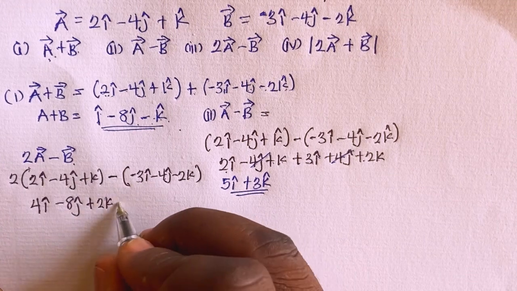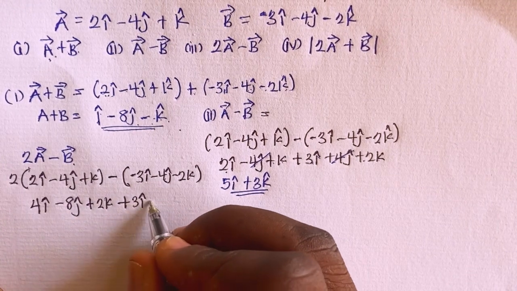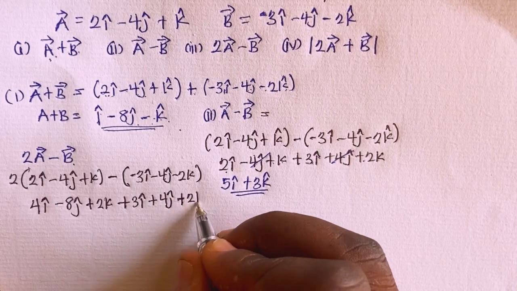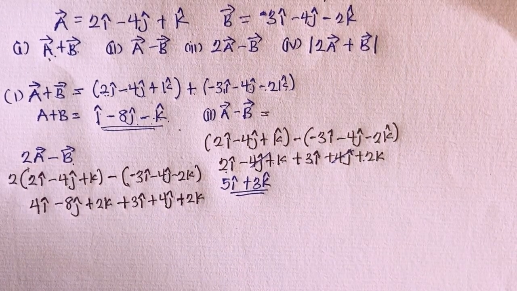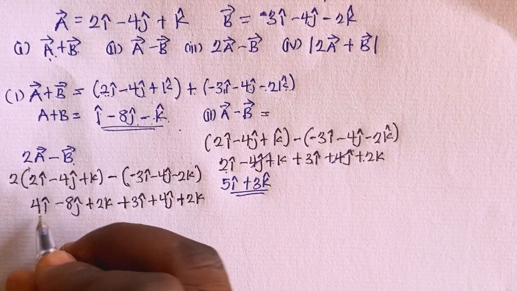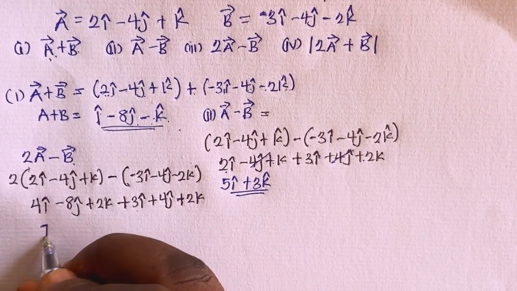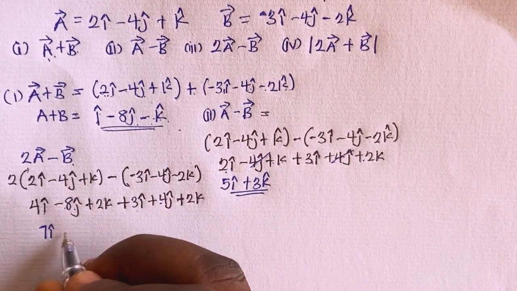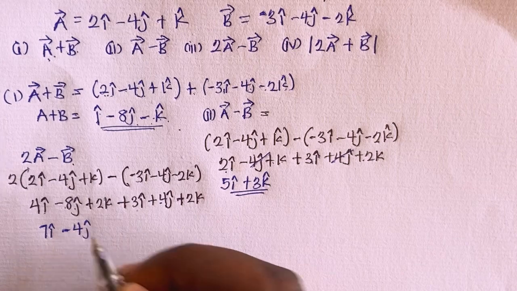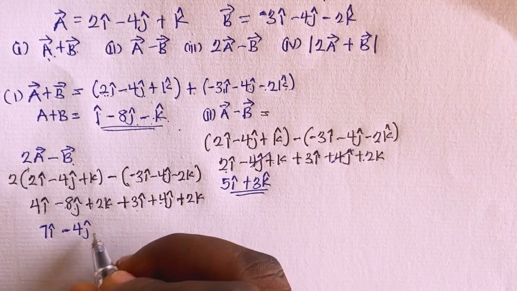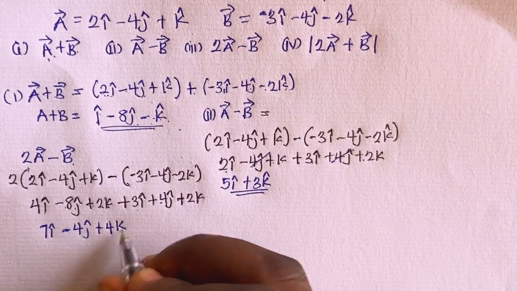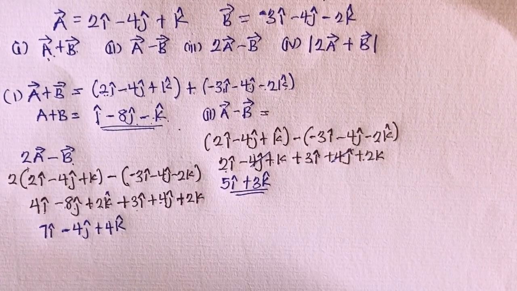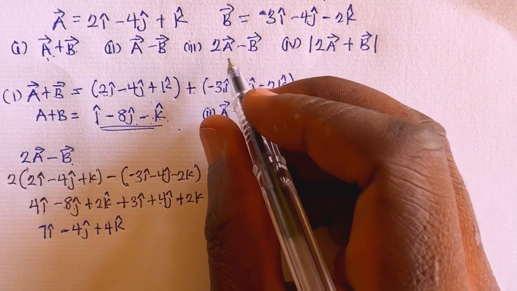Then 4i plus 3i is 7i, minus 8j plus 4j is minus 4j, then plus 2k plus 2k is plus 4k. Exactly.